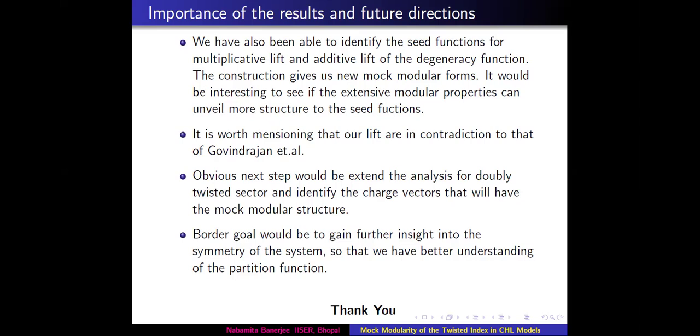If it was a holomorphic Jacobi form, life would have been easy, because holomorphic Jacobi forms can be expanded in terms of theta functions. Let me say it's a function of tau and z. These are functions of tau and these are functions of z, but these are theta functions. One can then show that if this is holomorphic, then these are mock modular.